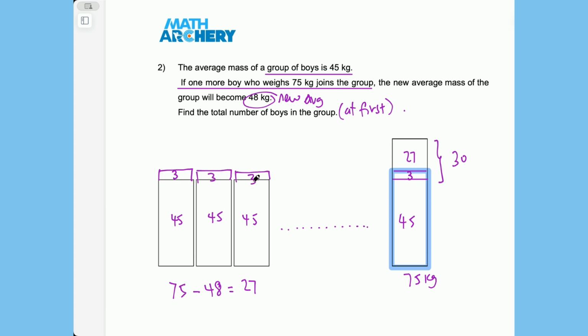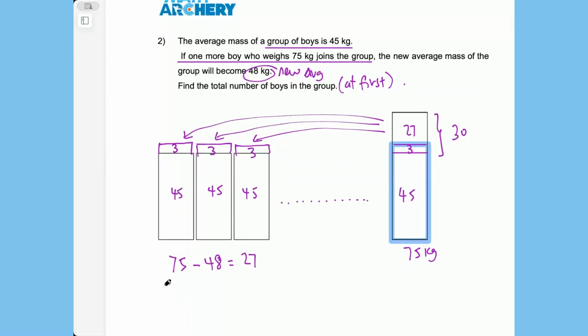So now we are asking ourselves, how many 3s are there in 27? Because this 27 will be spread out to increase each boy by 3. How many 3s in 27?